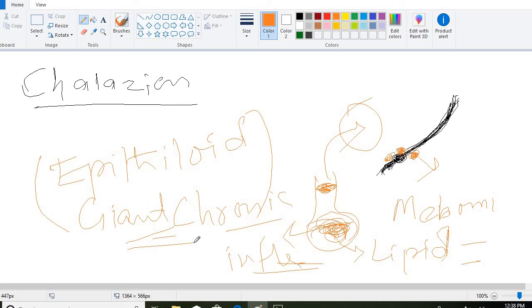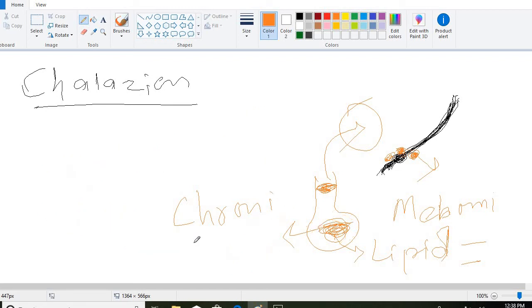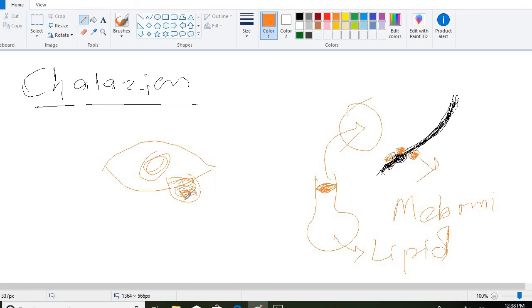The retained lipid secretion along with inflammatory reacting cells causes visible swelling on the eyelid. Suppose this is a normal eye; the patient will present with swelling here. That swelling is only due to chalazion. So that is the pathogenesis of chalazion.